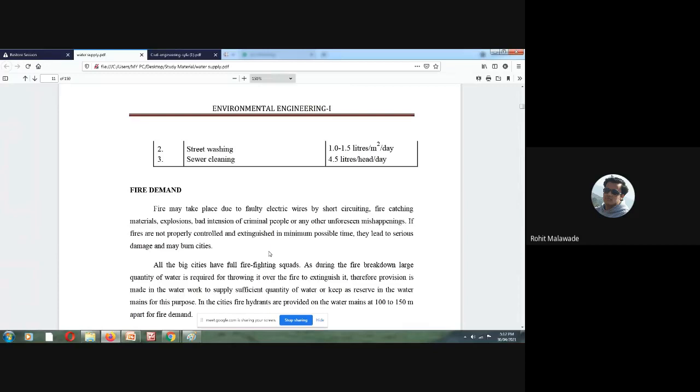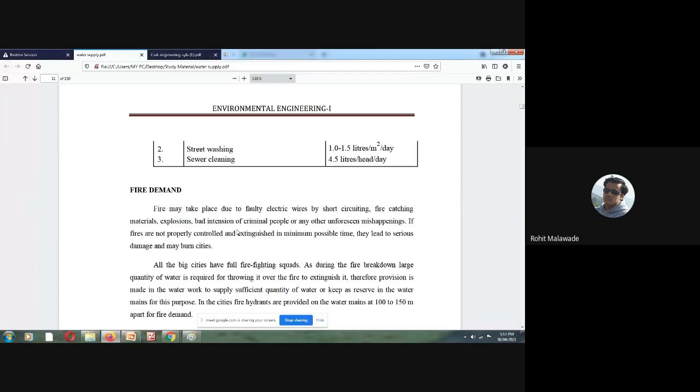So the extinguishers, you already know, have fire hoses, right? The firefighting vehicle will have a tank filled with water, and again the water hoses. So it requires a huge pressure, around 1 to 2 kg per centimeter square. For a moderate fire, we require around 1100 liters per minute of water.